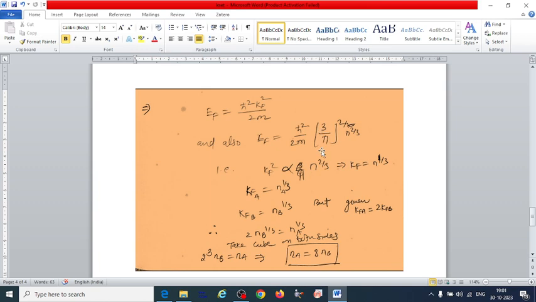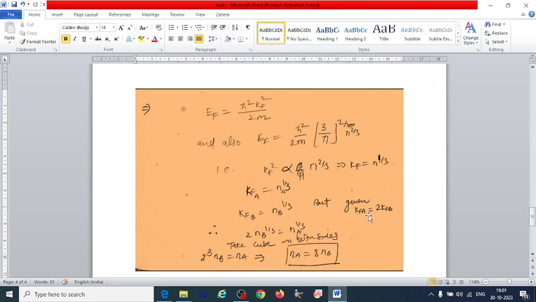Here if we substitute the value of kf, that is (3 pi square n) to the power 1 by 3, then kf is directly proportional to n to the power 1 by 3. Then for A and B, KFA is proportional to Na to the power 1 by 3, and KFB is proportional to Nb to the power 1 by 3.